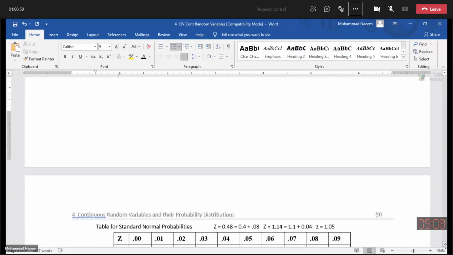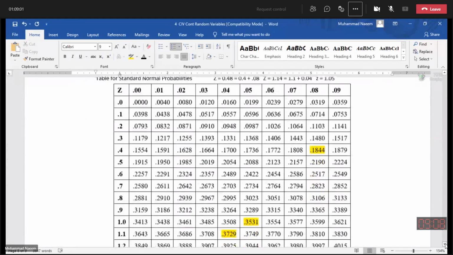So that is the end of this chapter. We will discuss regression and correlation next week, inshallah. Today I will send this text on the WhatsApp group.